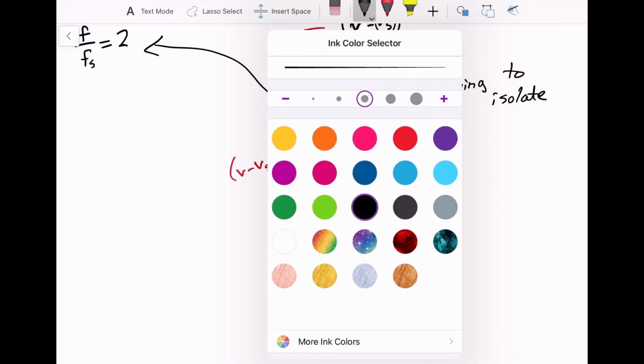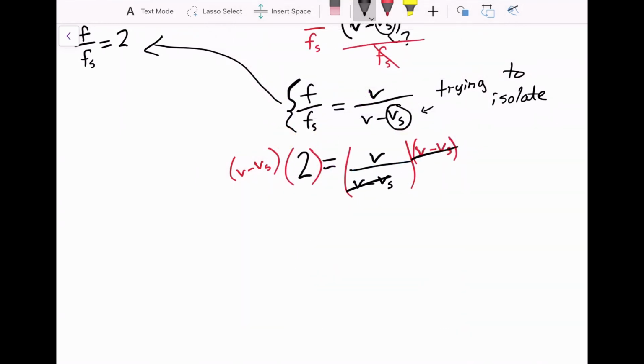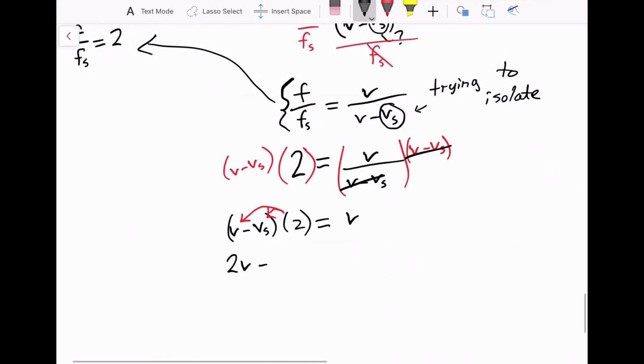Which over here on the right is going to cancel out. I'll just take an extra step here. Don't necessarily need to write all these steps down, but sometimes it helps to be sure. Then we're going to have to distribute this 2. So 2 times the speed of sound minus 2 times the speed of the source is equal to the speed of sound.